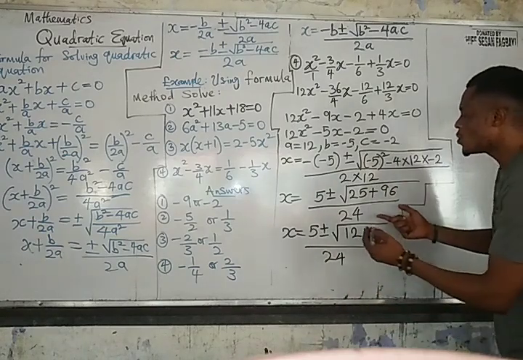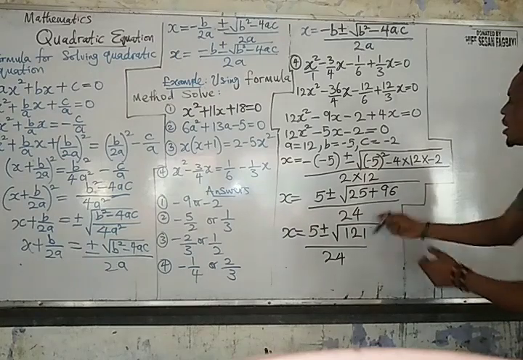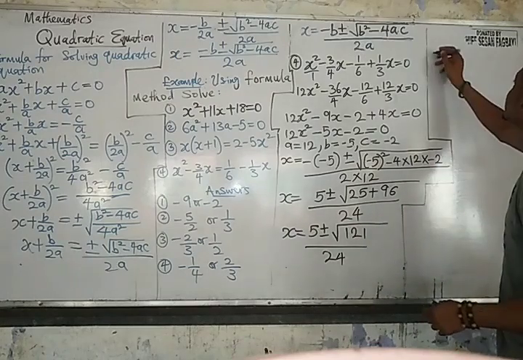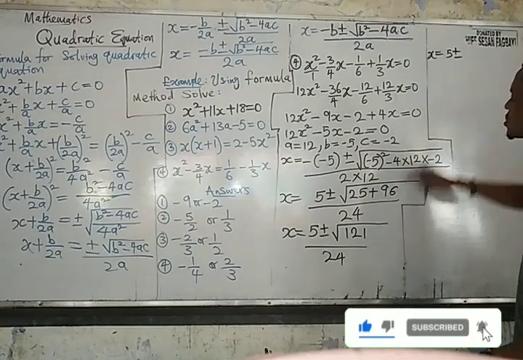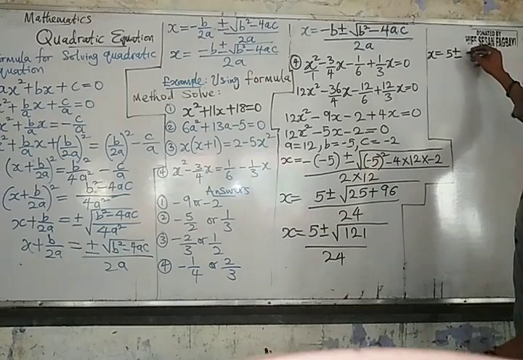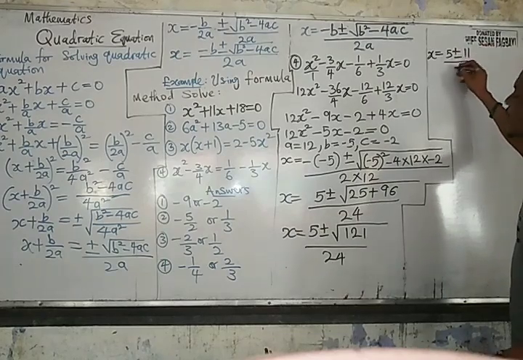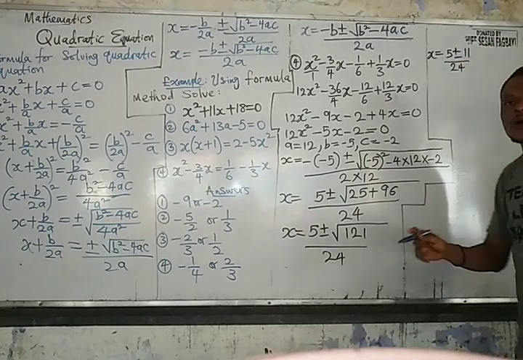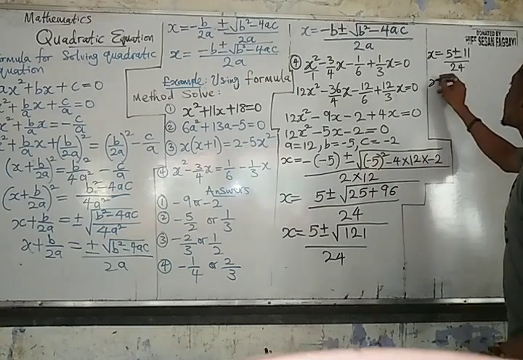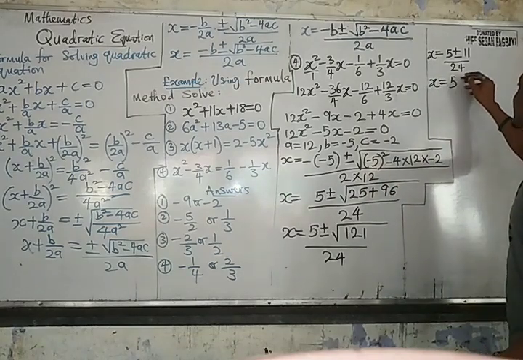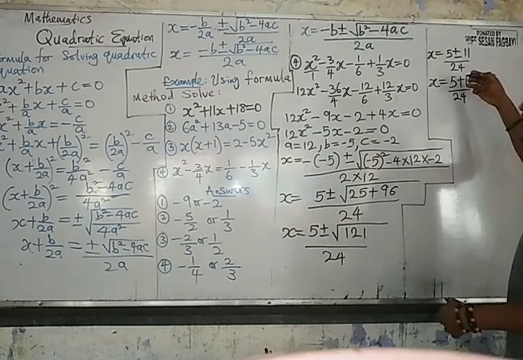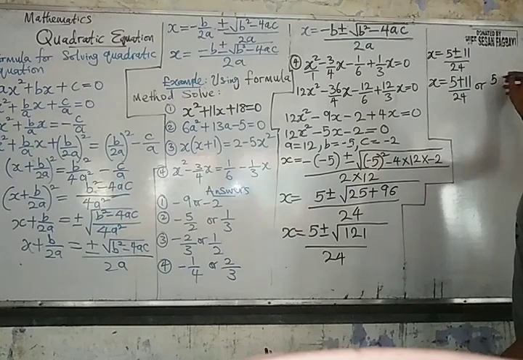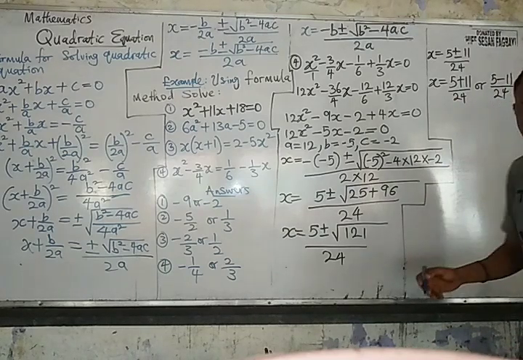So from here, let's try to find the square root of 121. X is going to be 5 plus or minus the square root of 121, which is 11, over 24. So we break it into 2. X is going to be equal to 5 plus 11 all over 24, or x to give us 5 minus 11 as the second option.